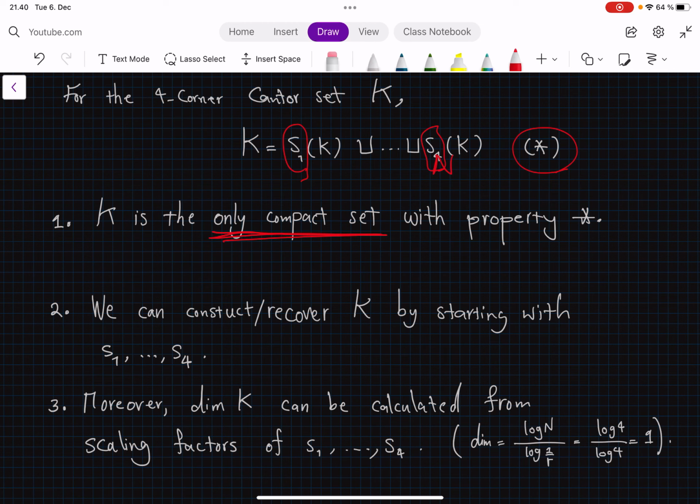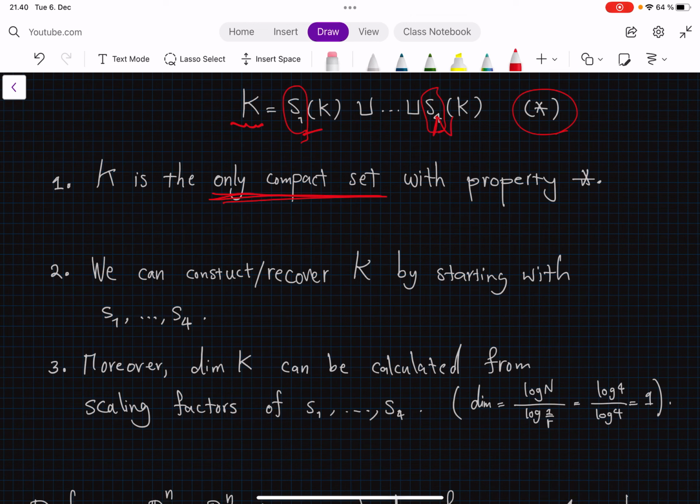So starting with the Si, there is always one and only one compact set which is closed under this operation, that if you apply these scalings and then put the images back together, you recover exactly the set you started with.